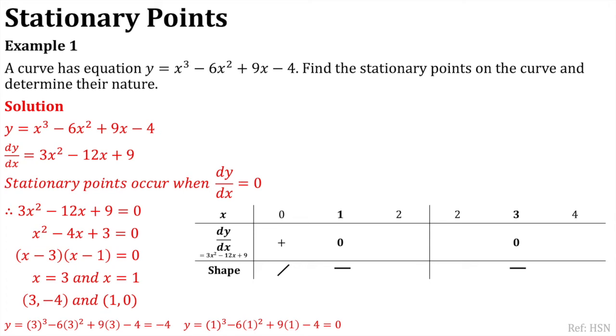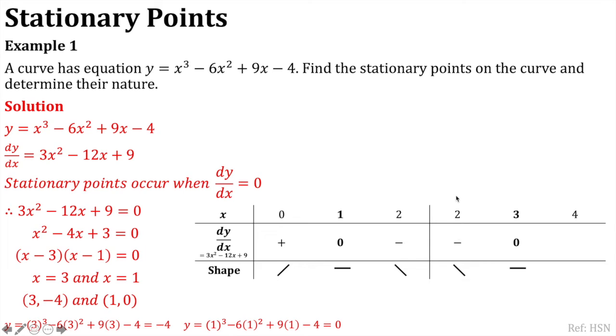If we substitute x equals 2 in there, we get a negative. So the shape of that graph is going downwards. So you can hopefully see here that we would have part of a curve that would look like that. So we would have a maximum turning point.